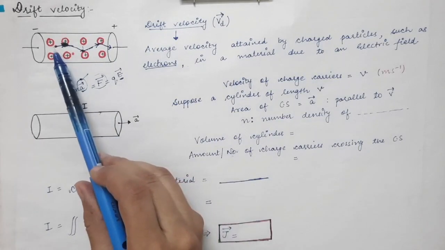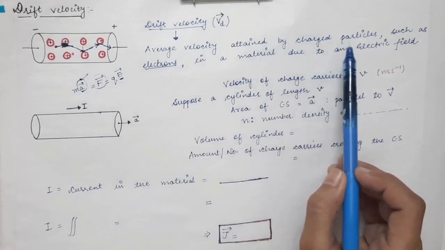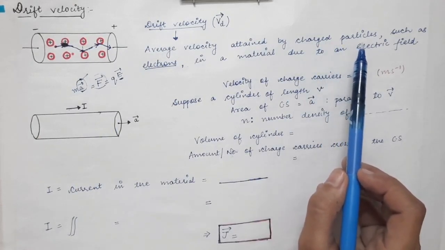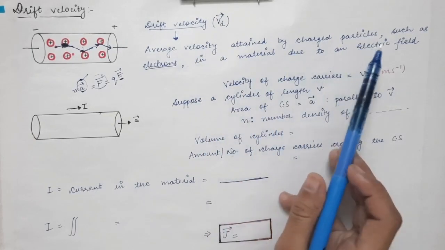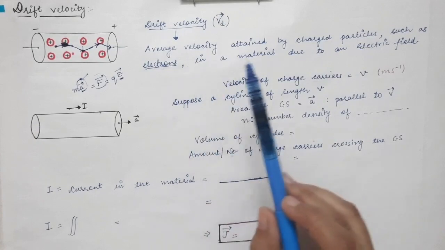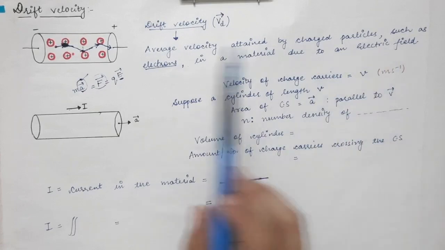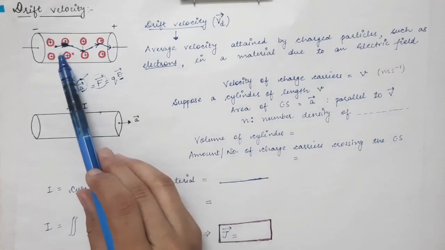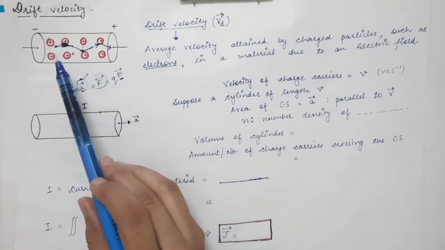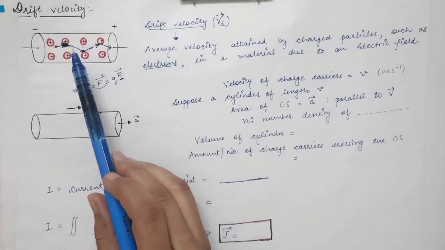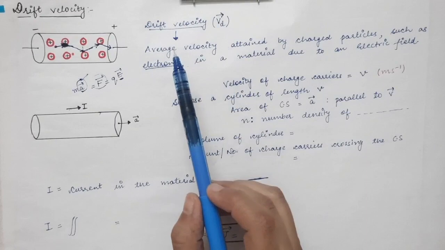Here I have talked about electrons in the case of a conductor, but in the more general case we are talking about any charged particles or any charge carriers. So it is the average velocity attained by the charge carriers, such as electrons in the case of conductors, in a material due to an electric field. Due to the external electric field, the charge carriers attain a certain amount of energy and a certain amount of velocity, and the average of all those velocities is termed as the drift velocity, and it is represented by Vd vector.